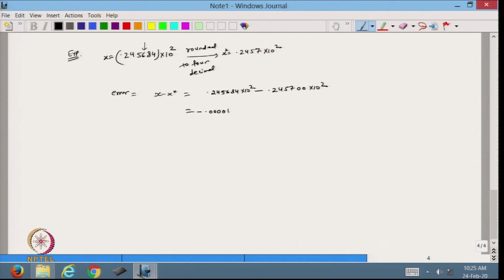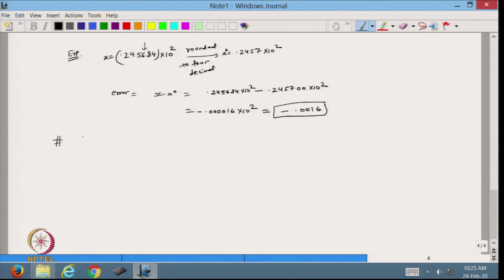The result is minus 0.0016. That is the error in this number when we have rounded it up to 4 decimals. This error is introduced there.